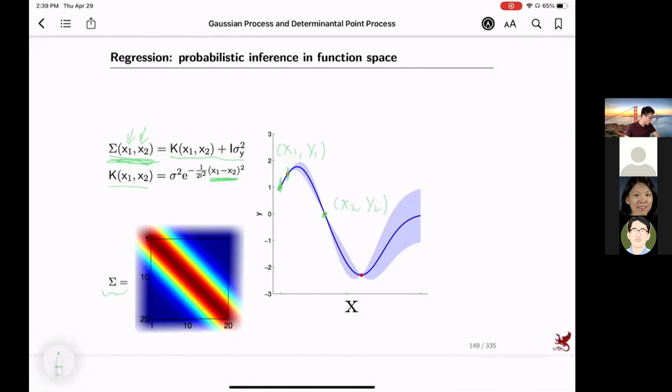If their relationship is more complicated, say periodic, then even though two x are relatively close, their y values can be very different. In those cases, we need a different kernel function to capture the relationship. If we assume smoothness, we use this kind of kernel function based purely on distance.